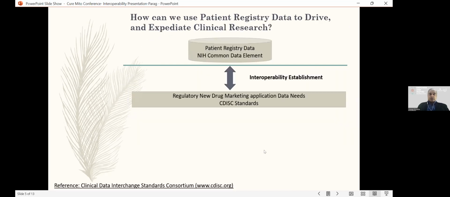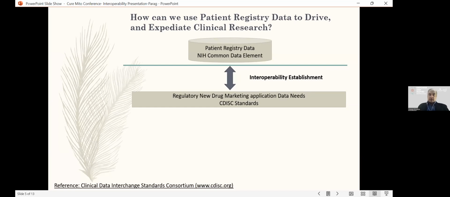Now, in terms of interoperability, think about it. We have the patient registry data collected at Cure Mito Foundation based on the NIH Common Data Elements, whereas the regulatory agencies look for the data in CDISC standards. So we are really talking in two different languages when it comes to use of the data.